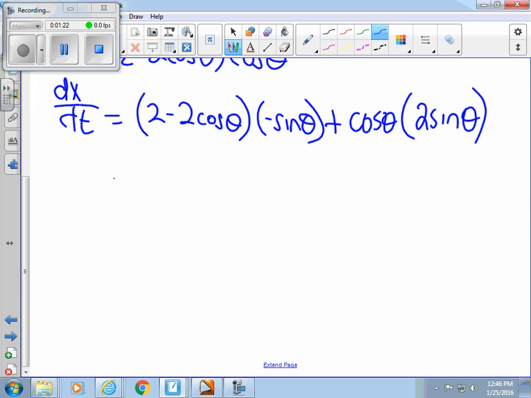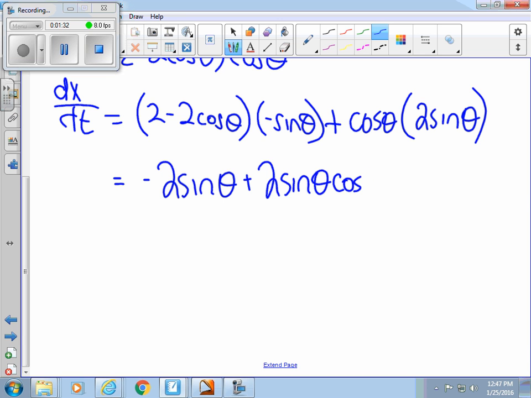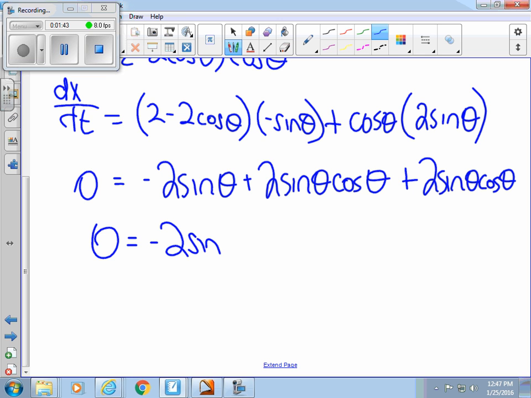Let's see. Is that solvable? Plus 4 sine theta cosine theta. Everyone agree?